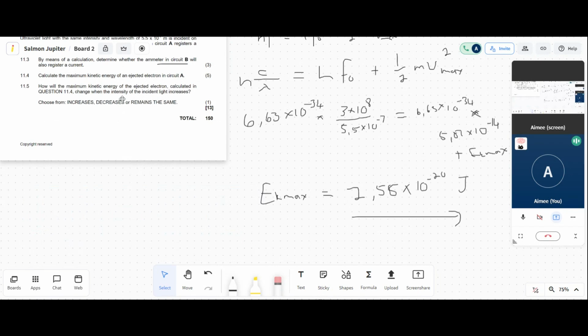Not the intensity, the frequency. Intensity means I'm making it brighter. Frequency means that I'm changing the nature of the light altogether. So if you want to change your EK max, you need to increase the frequency of the incident light, not the intensity. So how is maximum kinetic energy affected by an increase in intensity of incident light? The answer is, it's not. It remains the same.